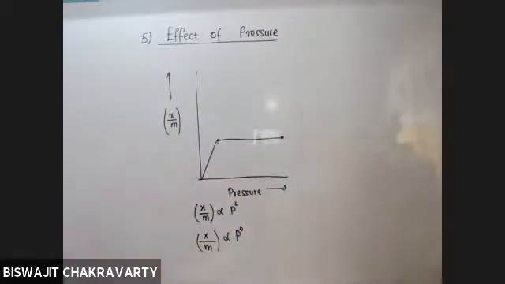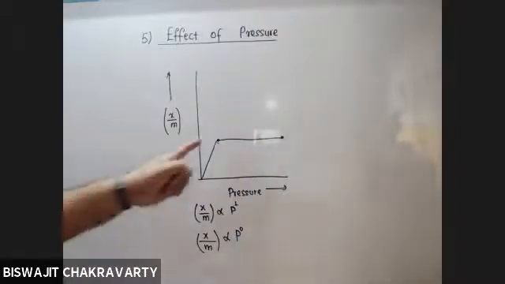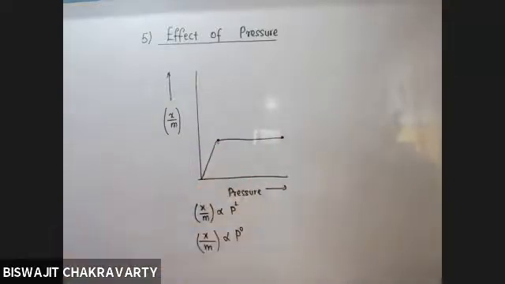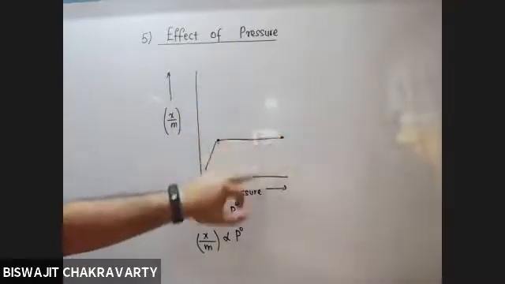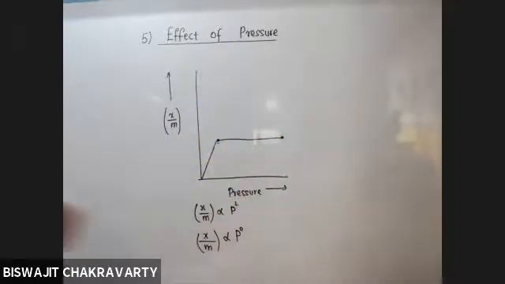Why? Because when any line is parallel to the x-axis, what does that mean? It becomes constant and is independent with respect to the x-axis. That means x by m is proportional to P to the power 0. So P to the power 0 means what? It is proportional to 1.